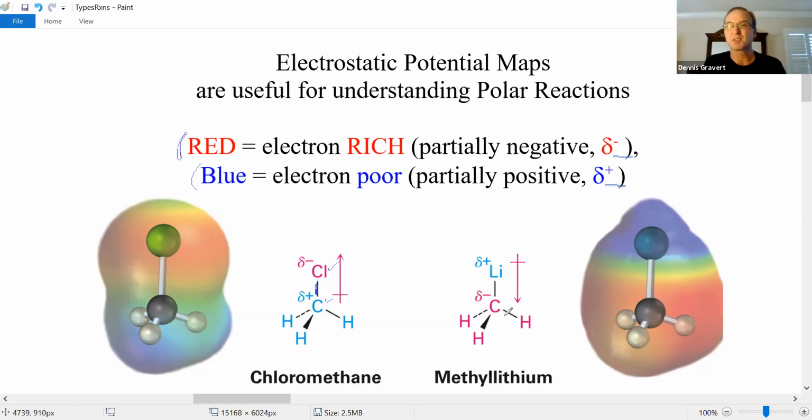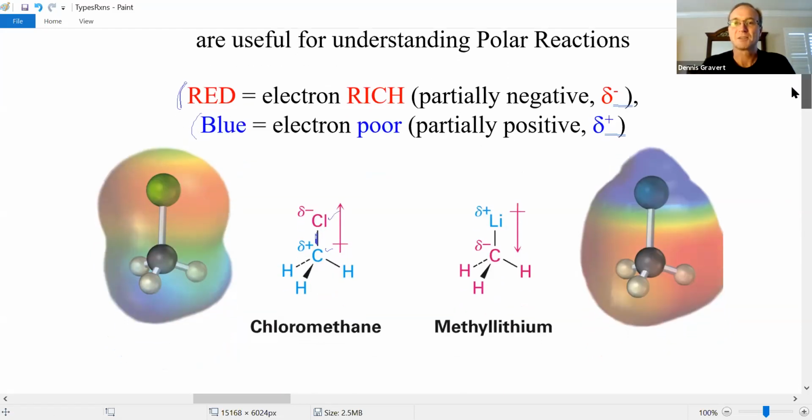This molecule is extremely reactive. It'll catch fire with water. So we're not going to play around with that molecule, methyl lithium. But anyways, I just want to show you the color coding. Look how blue this is, and look how much redder this is than the other one. That gives you a sense that there's greater charge separation here, and maybe greater reactivity.